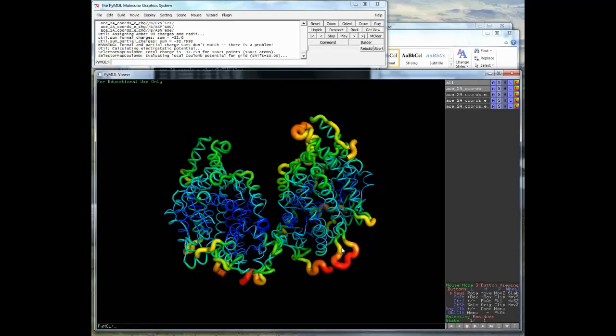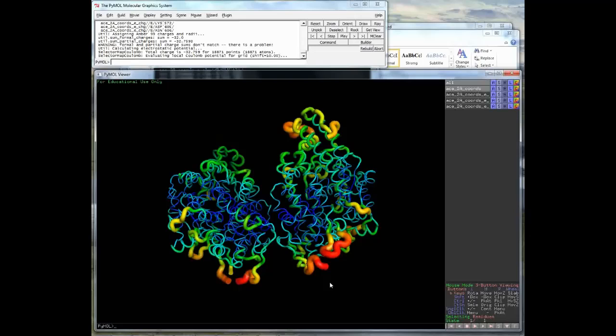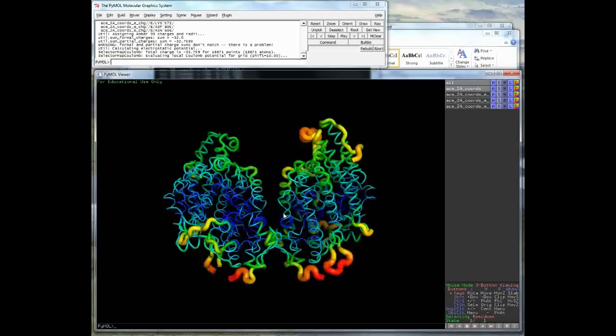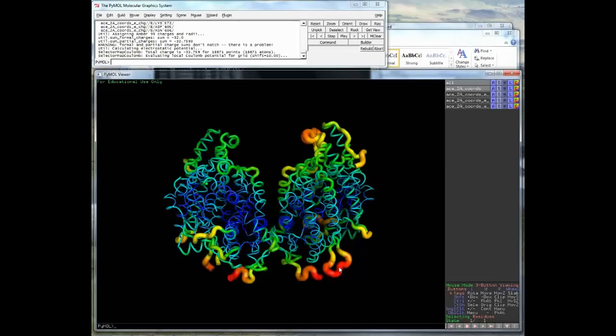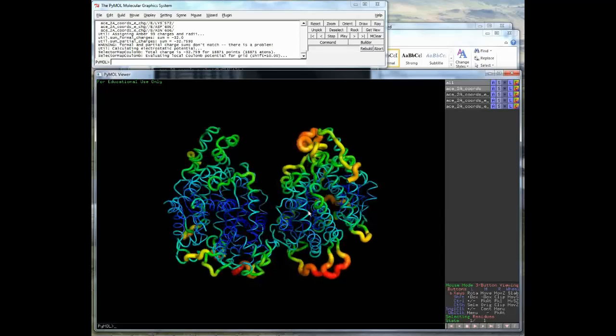We're less sure of exactly where they are in the crystal, and so we can represent them as a blur around here. So this atom is somewhere in this volume. So this is a B factor putty display, with the red meaning high B factor, lots of disorder, and the blue low B factor, not much disorder.